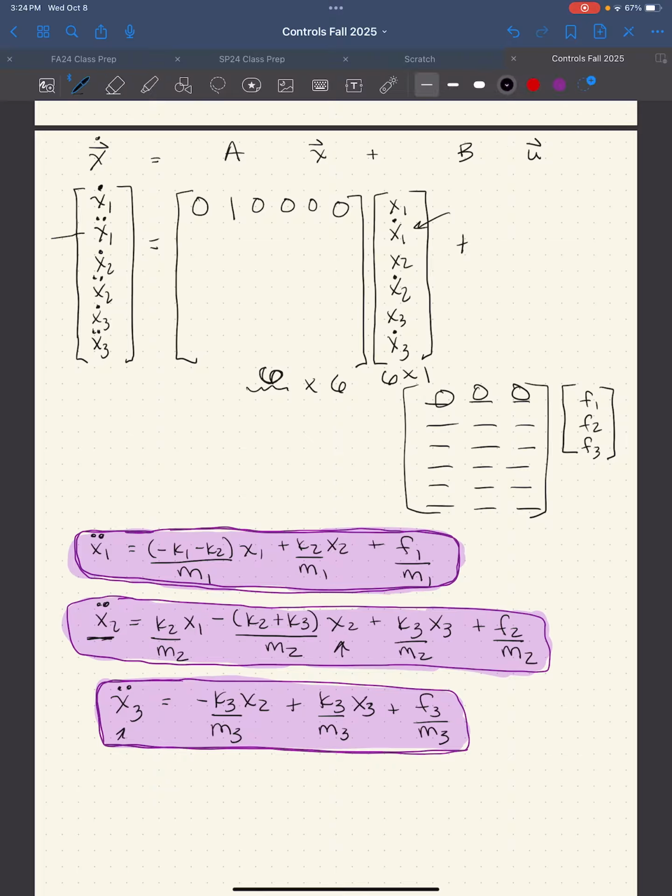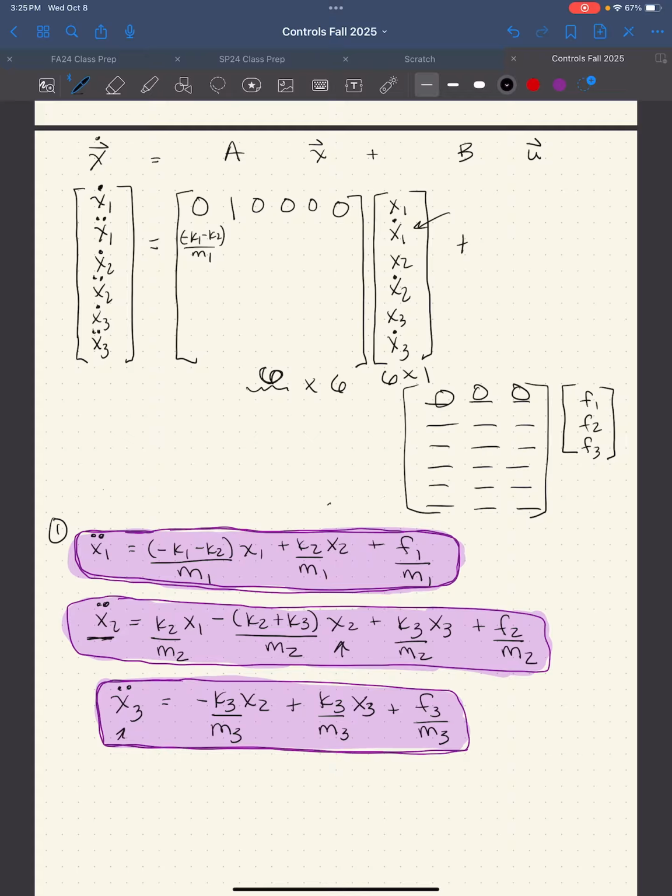Now X1 double dot, in order to fill that out appropriately, we need AX plus BU to equal this first equation of motion. So let's look at everything that's multiplied by X1. That needs to go in this first slot. So that would be minus K1 minus K2 all over M1.